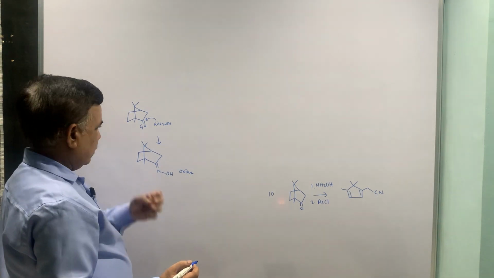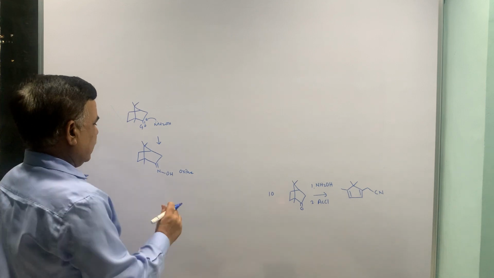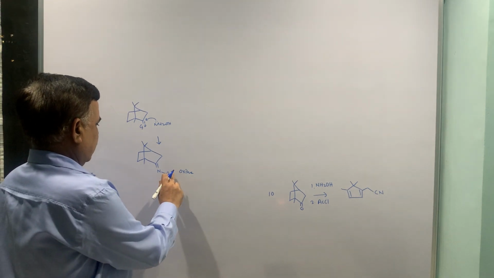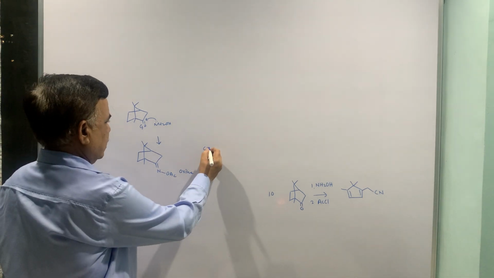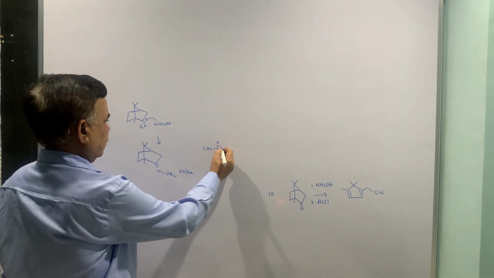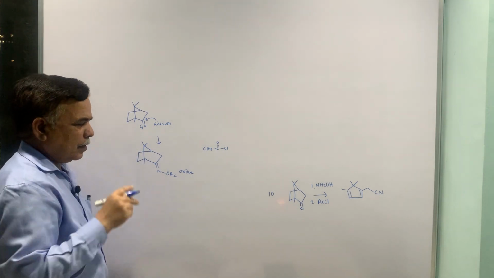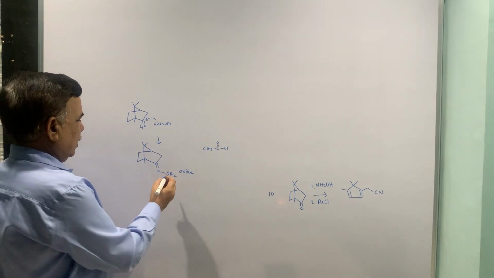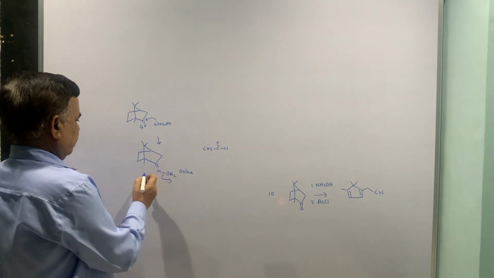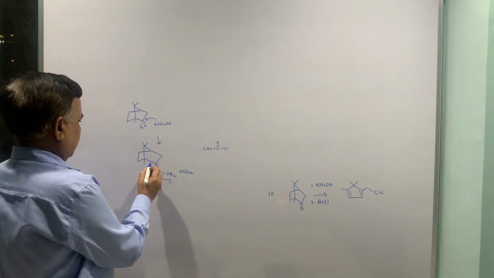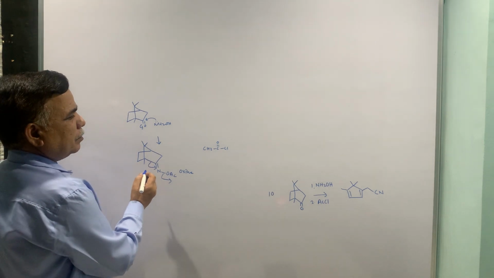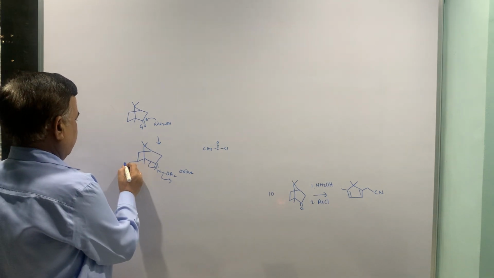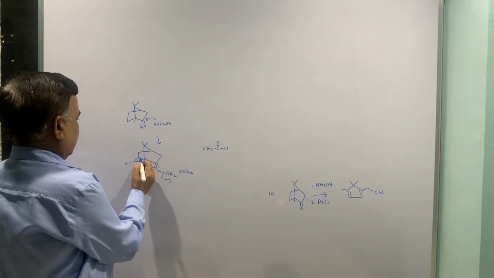Then acetyl chloride can make it OAc. The acetyl chloride is this one. So OAc is a better leaving group, so this departs. This comes here, and this hydrogen is sacrificed.